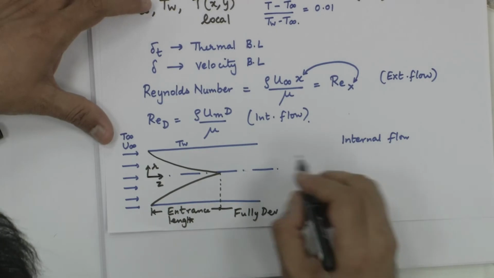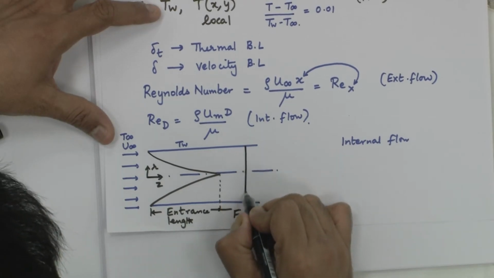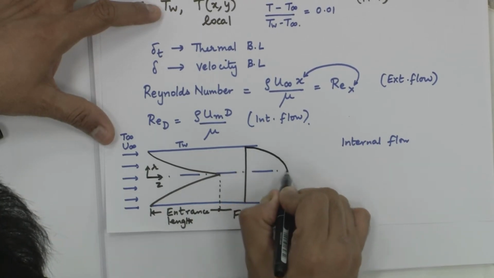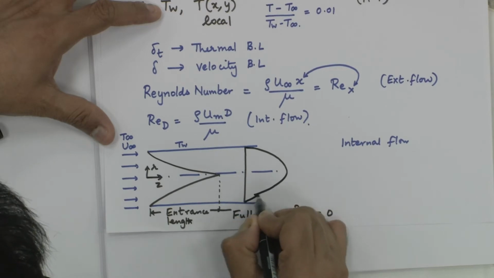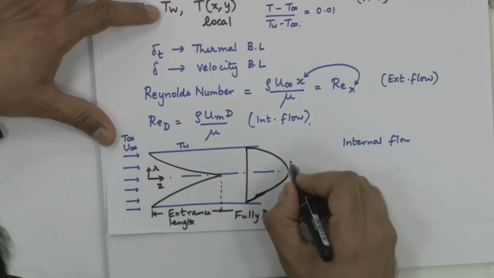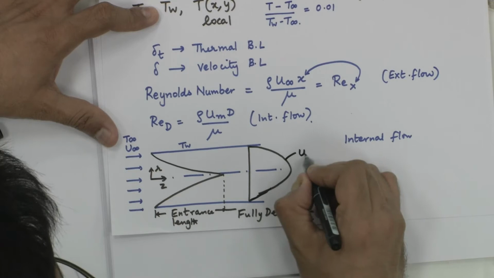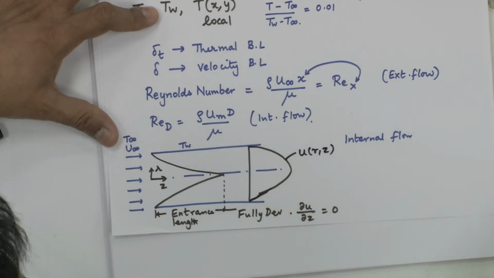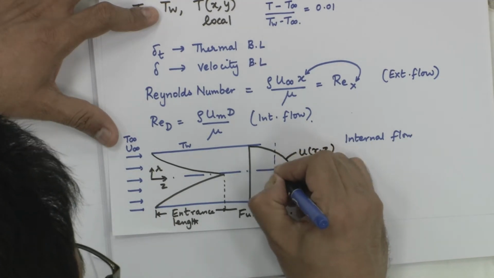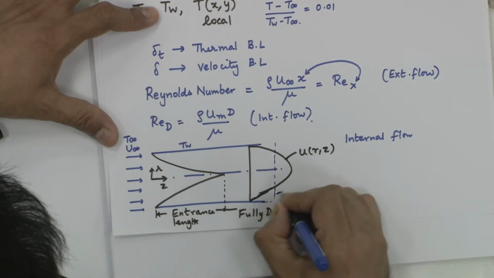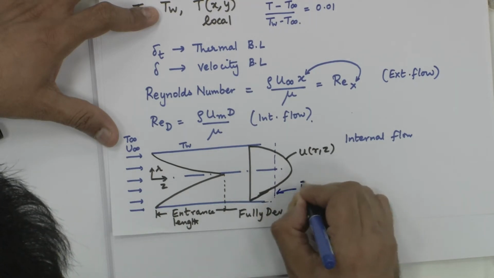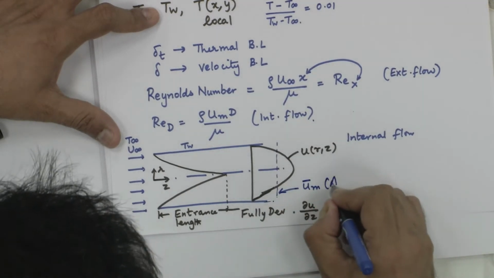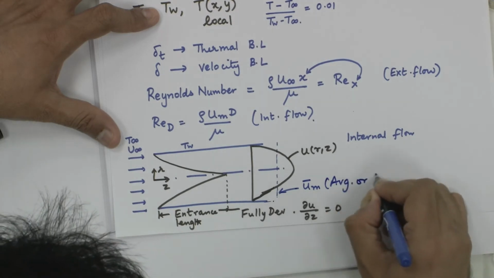And we defined a velocity profile which was something like this for a laminar flow, and this is u of r comma z. We also defined a bulk mean velocity in fluid mechanics, which is called as u bulk mean or average or bulk mean velocity.